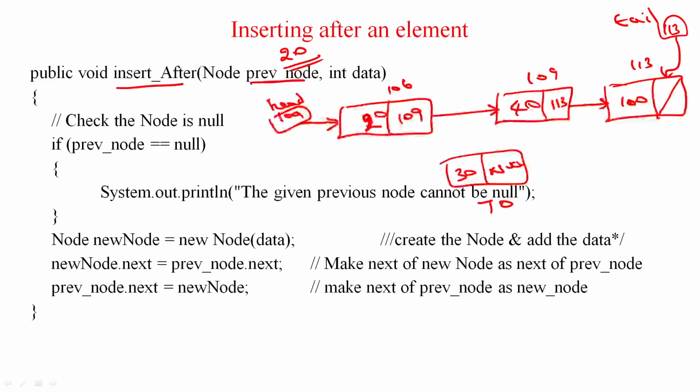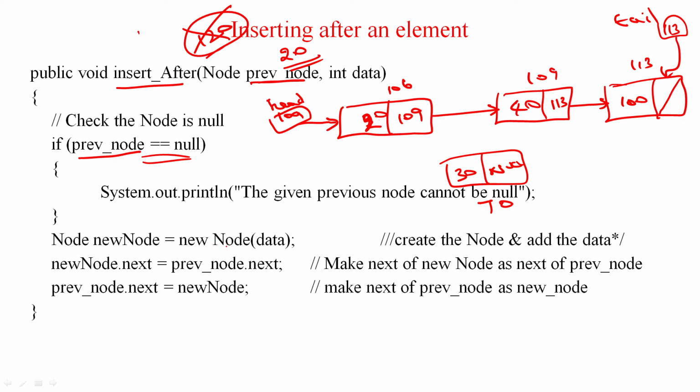If the previous node is null, then there is no previous node. For example, if I give 120 and it is not available, then it cannot be null; the previous node cannot be null.